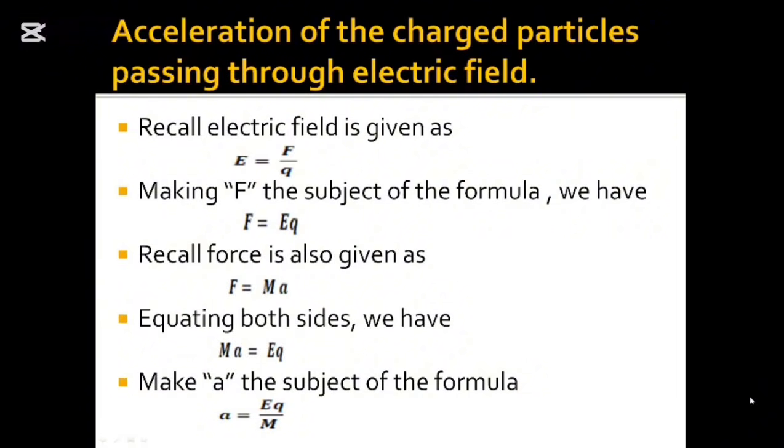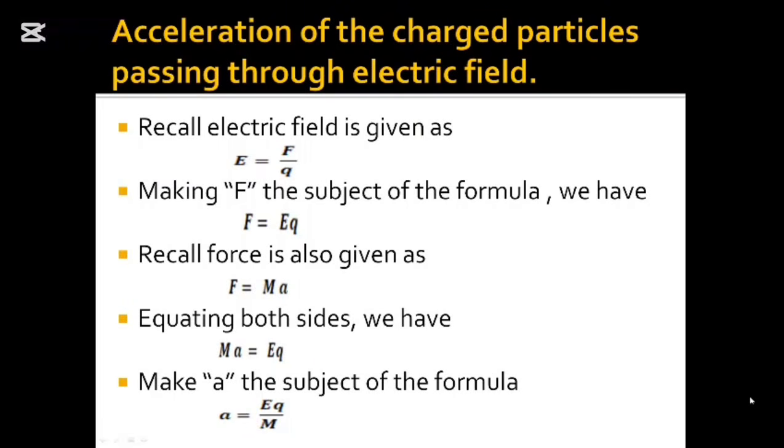Now we are moving into the mathematical part of the motion of particles in an electric field proper. First, I think what we need to derive is the acceleration of the charged particle passing through an electric field. You already know what acceleration is from our Physics 101.